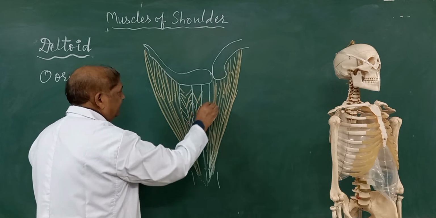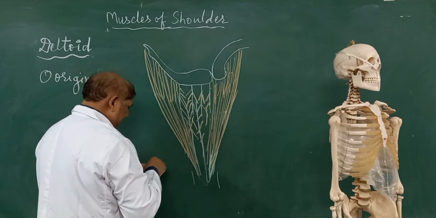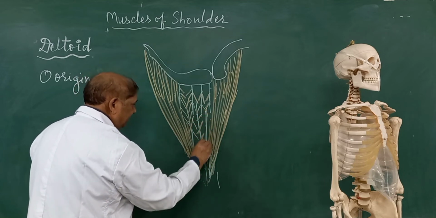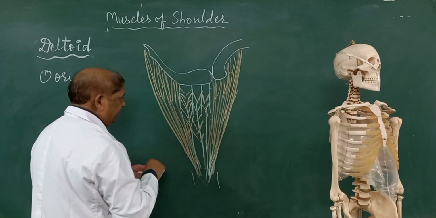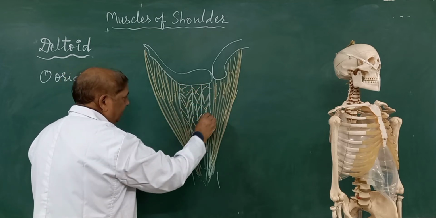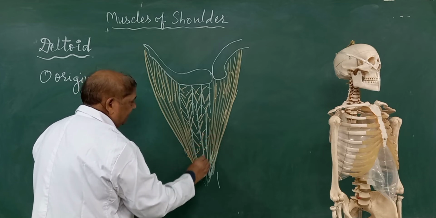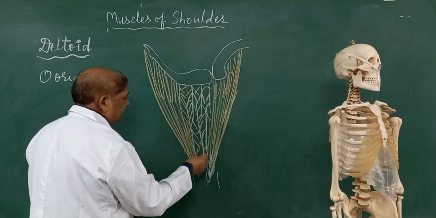Thus this head is called the multipinnate head, and it consists of multiple fibers. Though these muscle fibers are short in length, they are multiple, and that's why this part of the muscle is very strong.